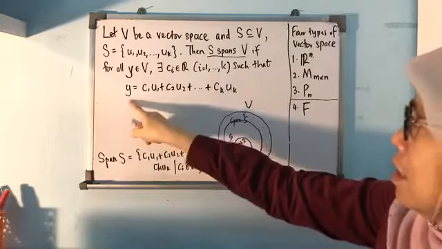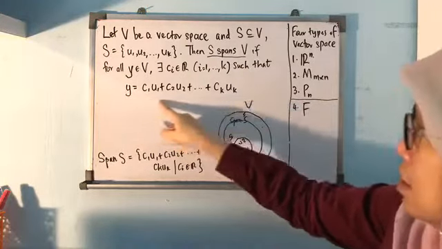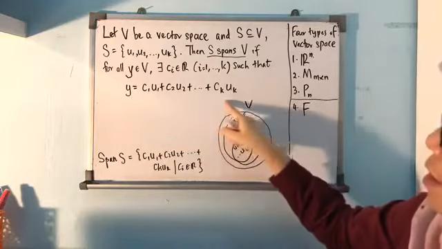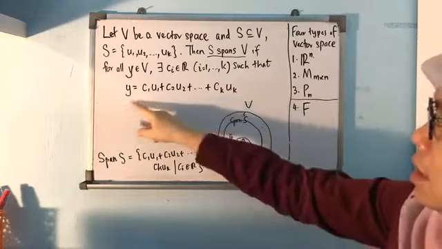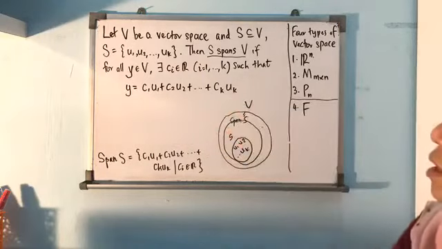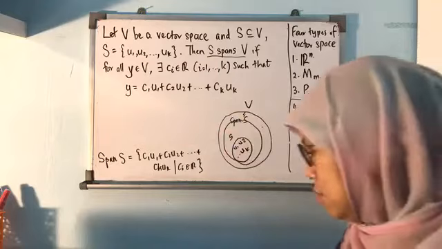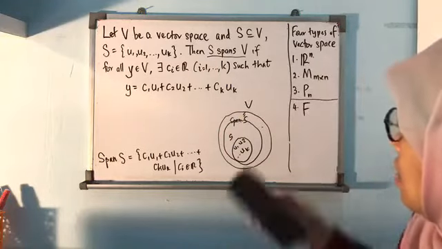So this linear combination is the key, and this is why I said this is chapter 2, because this gives you a system of linear equations. This is what we learned in the last class.